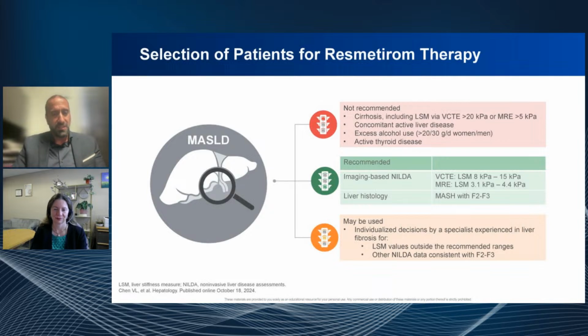And I don't want these patients to be missed from treatment just because they have the highest unmet need, and most likely they have F3 fibrosis, but they are not cirrhotic, and we have a narrow window to get them on treatment. But I think this is a very nicely done update to the guidelines.